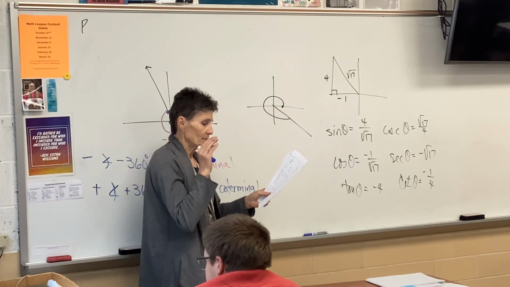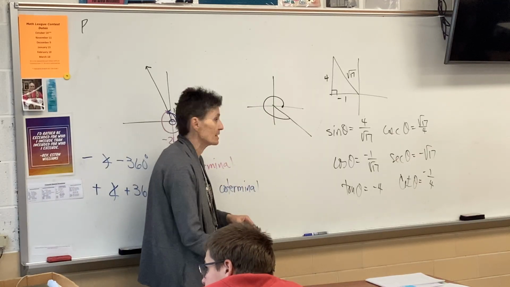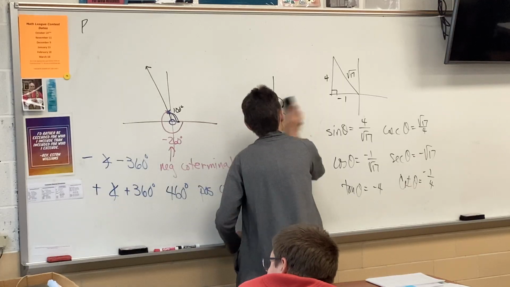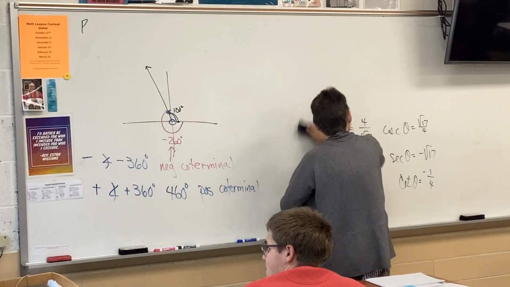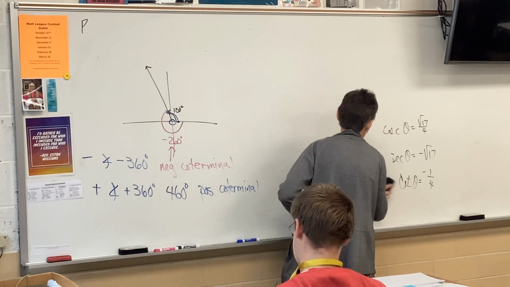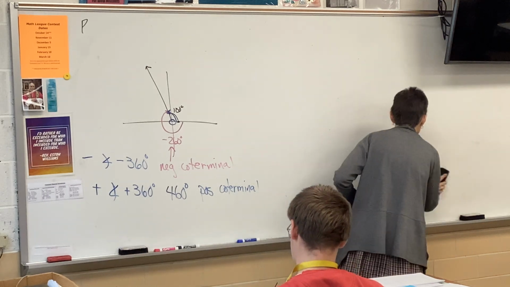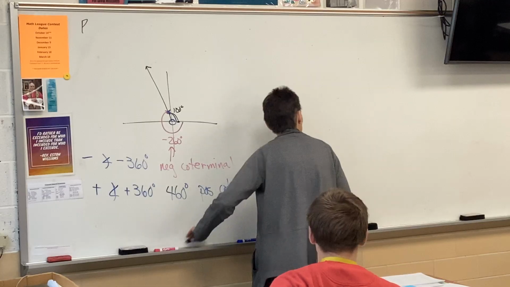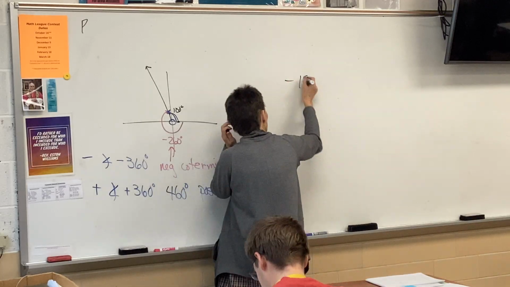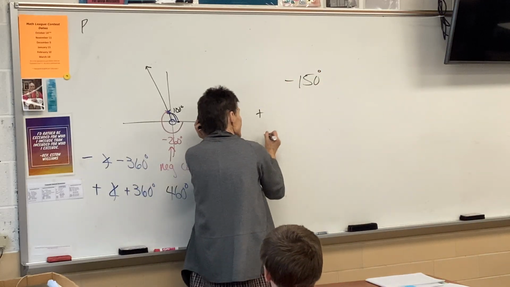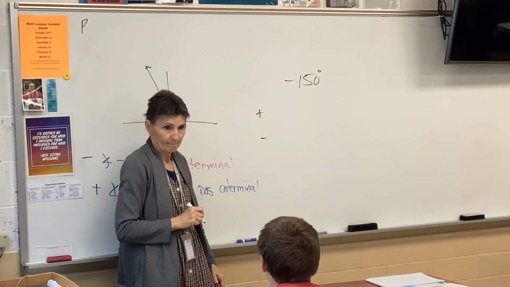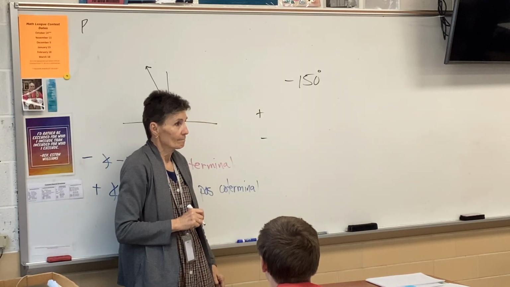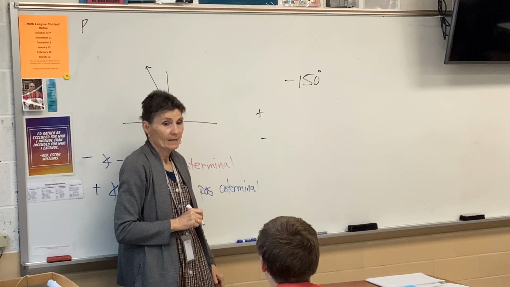Let's skip B for a second and do C, because it's another degree one. Give me a positive and a negative coterminal angle for negative 150. So my angle is negative 150. What would be a positive coterminal angle for that? Add 360.